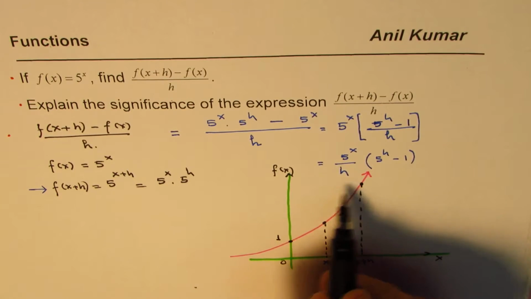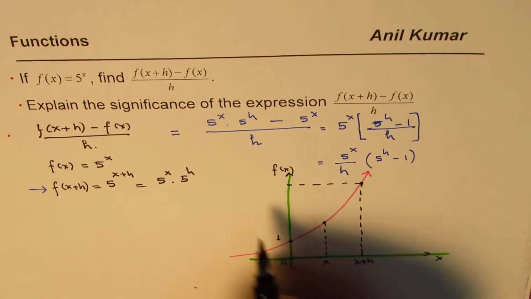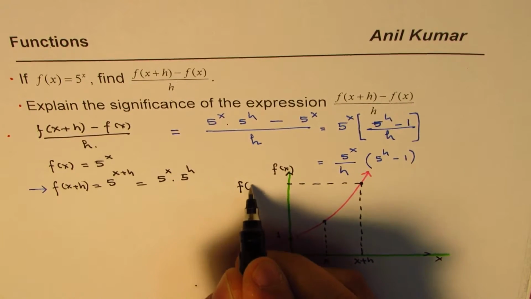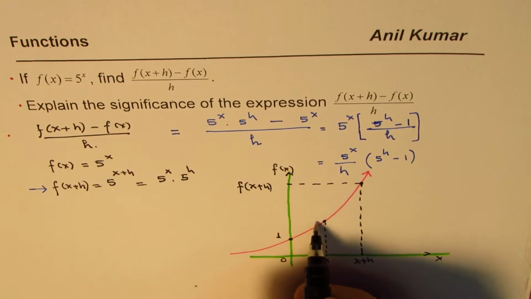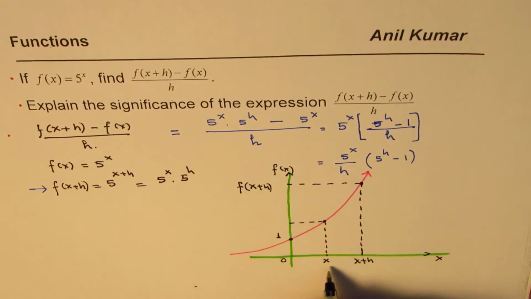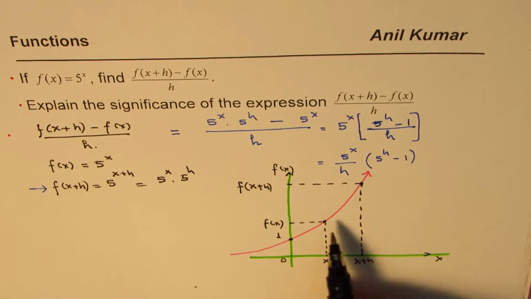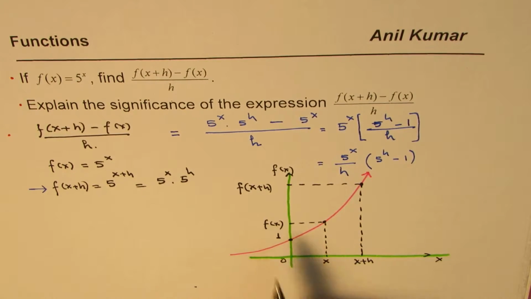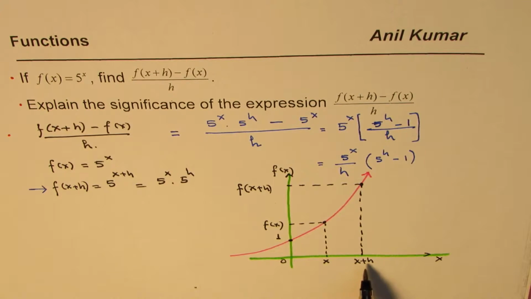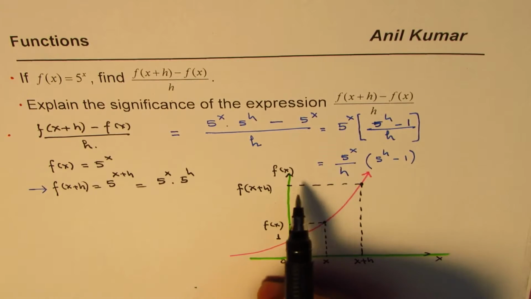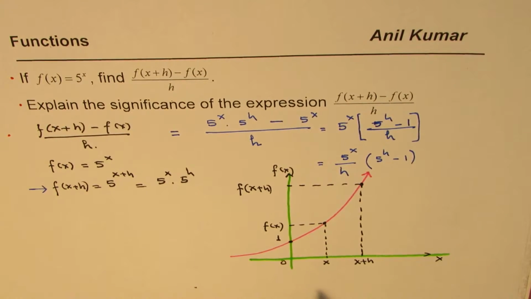So in that case, what we have here is f of x plus h, and this will represent the value of the function at x plus h, while the value of the function at x is f of x. The value of this function, which is 5 to the power of x, at x plus h will be f of x plus h, right?